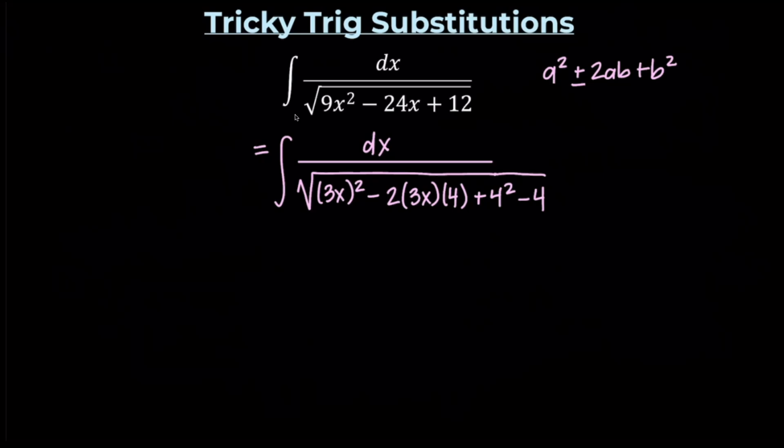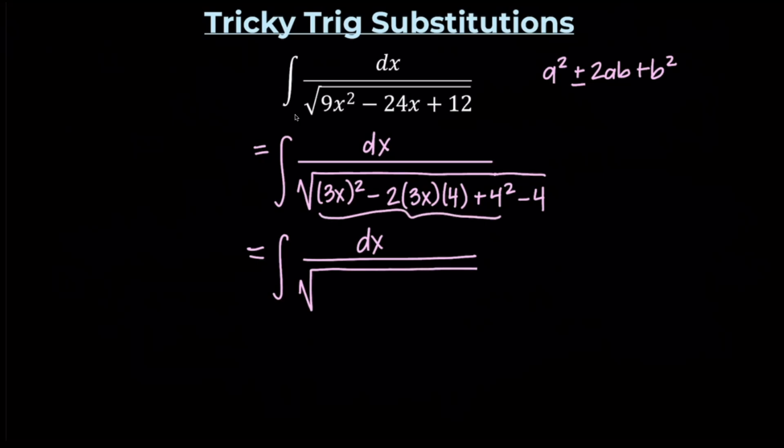So I have now cleverly rewritten the part under the radical so that at least the first 3 terms will factor to a perfect square: 3x minus 4 squared. And then I have minus 4. Well, hey, that's minus 2 squared. All right, so now I have a nice setup to do a trig sub.